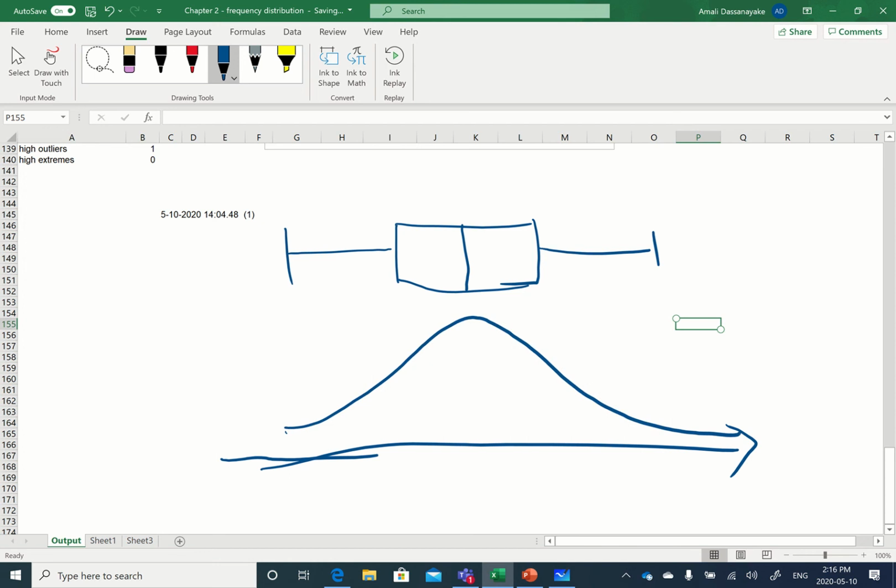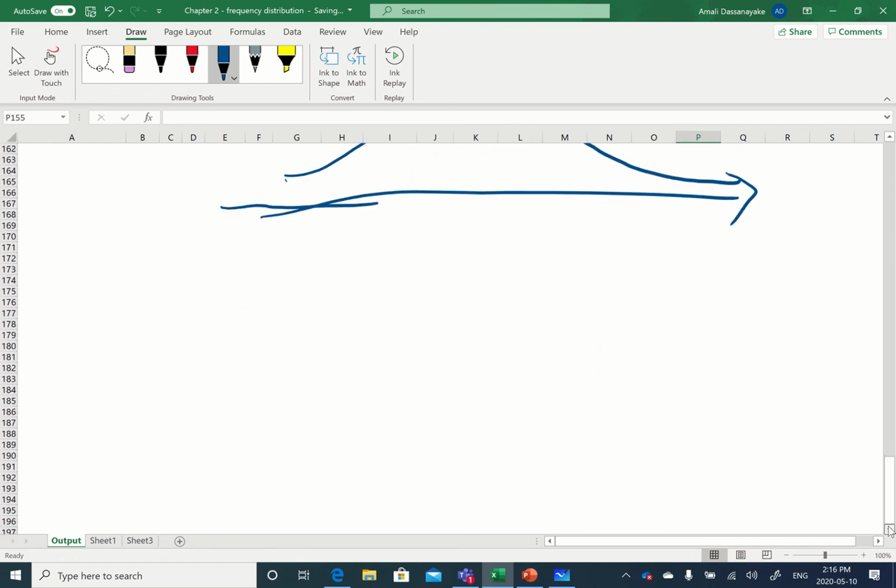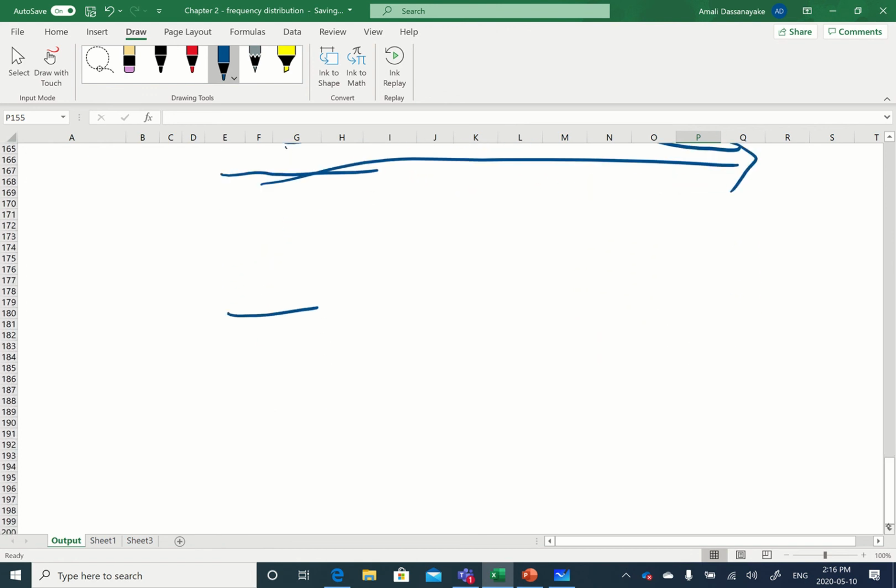Symmetrical. Okay, and if you have a skewed shape, let's say the left whisker is shorter compared to the right whisker, something like this, you can see the box is not completely aligned symmetrically.